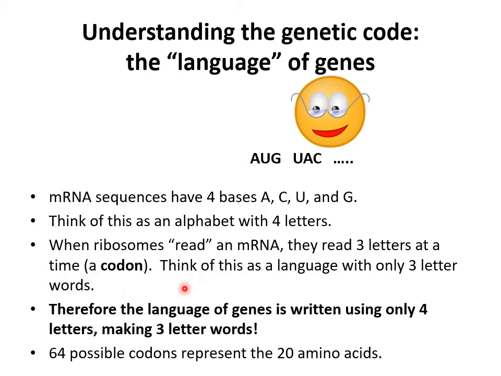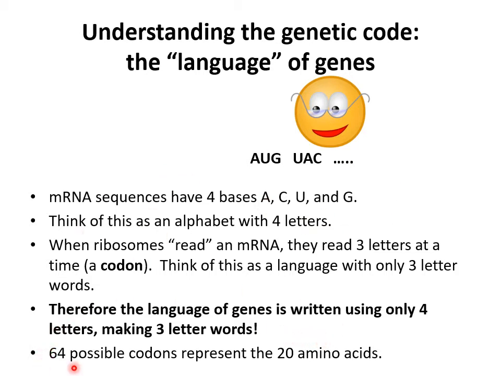So you can think of the language of genes as being a language that has 4 letters in the alphabet and 3-letter words. So there are 64 possible codons, because there are 64 possible words if you were to reorganize those 4 letters around and make 3-letter words from it.